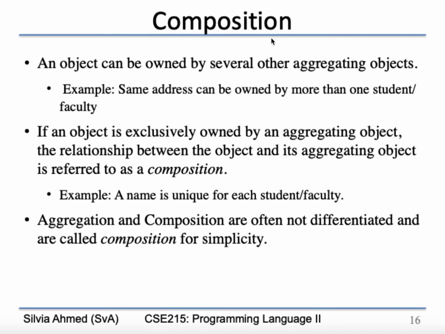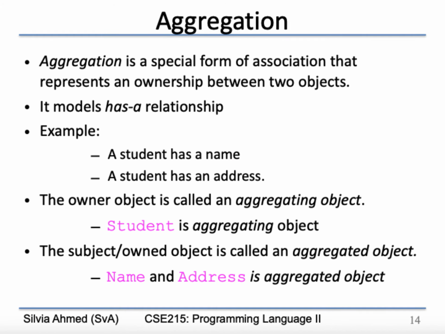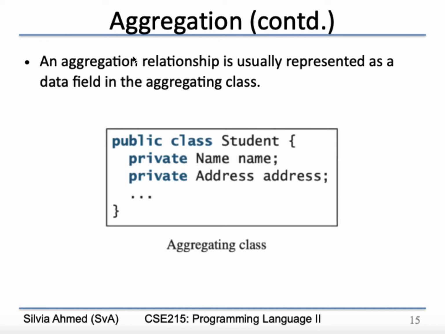So when we say this is aggregation type, an ownership relationship, this is simply in theory or in the designing phase. In actual code, the aggregation relationship is usually represented as a data field in the aggregating class. So when we say that a student has a name, it simply means a student has a data field which is a name type object.